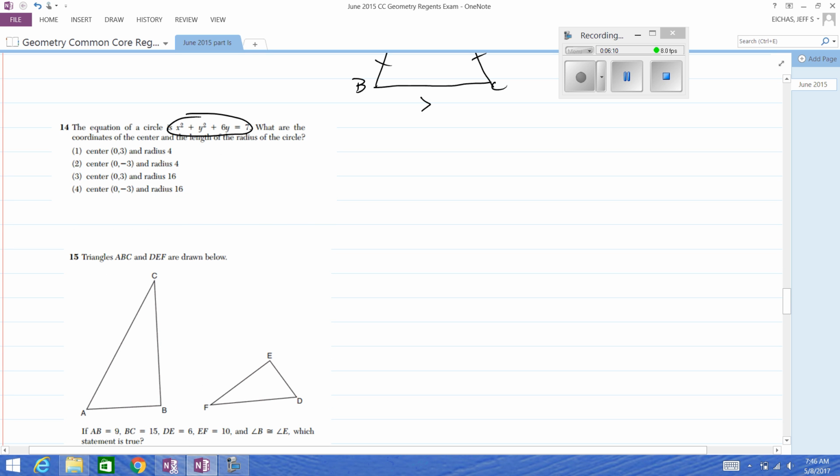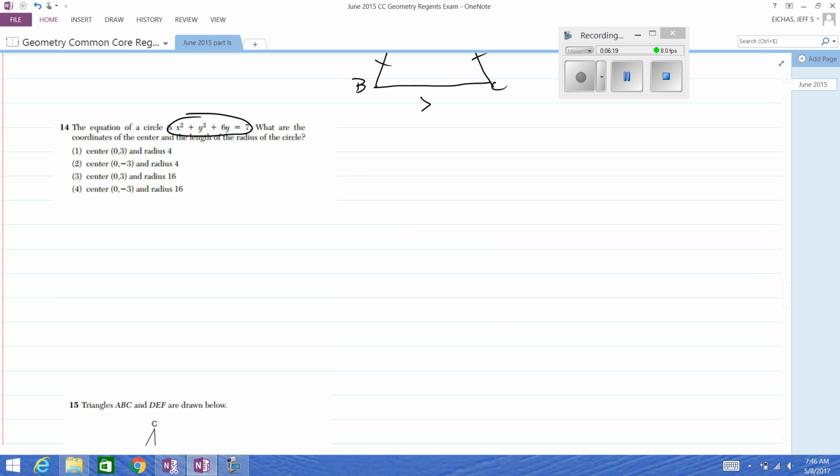We could work at completing the square, or we could take the choices since it's a part 1. There is a way to do that. Take your choices and write the equation and see which one's the same as this. But I'll do it with the completing the square, showing you the algebra with that.